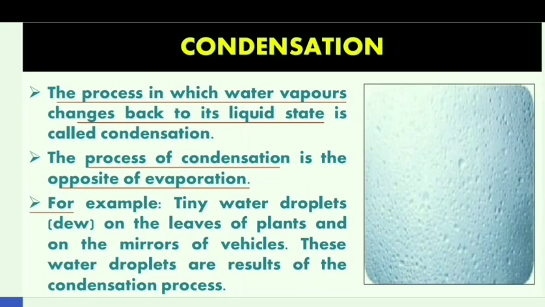These water droplets called dew are formed due to condensation process. Whenever water vapors present in air come in contact with the relatively cold surface of any object, then water vapors cool down to form dew. So, condensation is the process in which water vapors change back to its liquid state. I hope now condensation is clear.